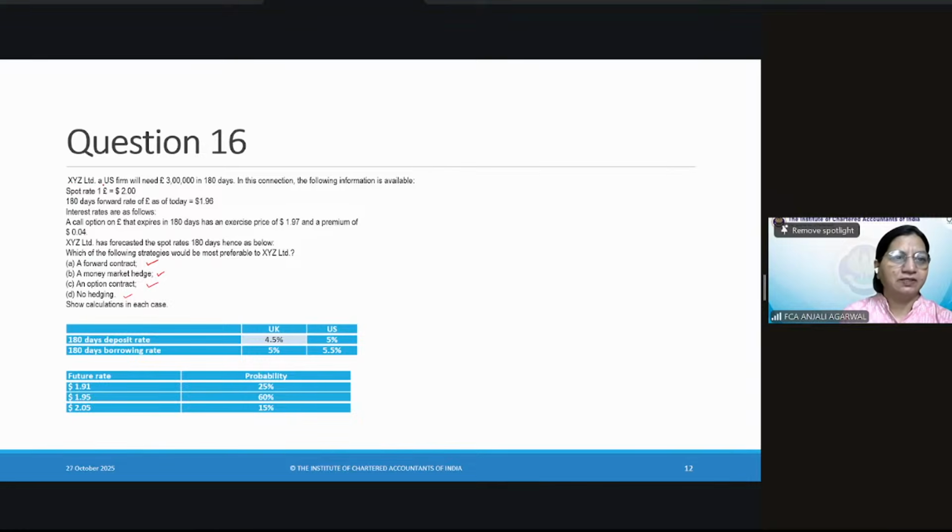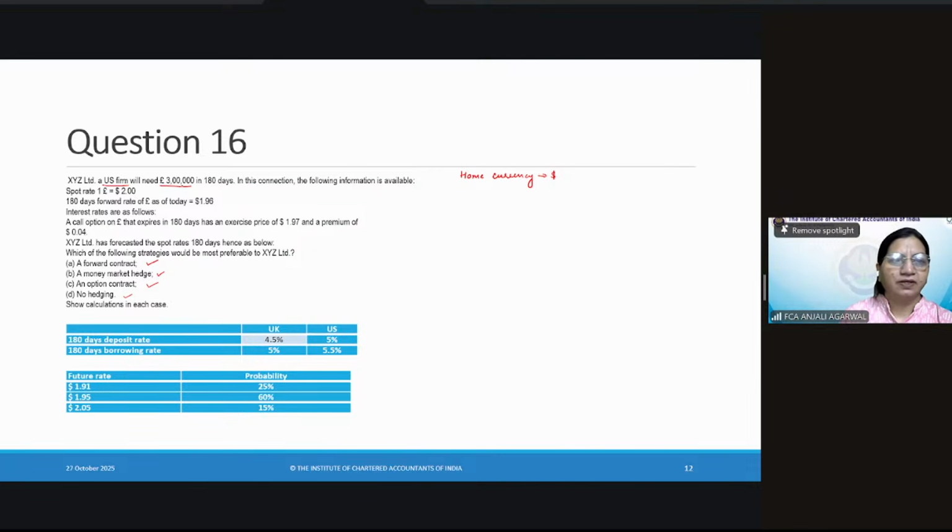XYZ Limited is a US firm. So my first important information comes from here that the firm is USA. So therefore, home currency will become dollars. This company will need 3 lakh pounds in 180 days.